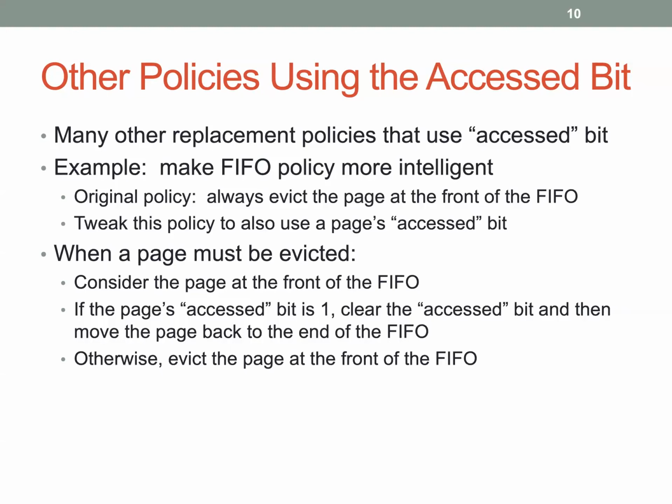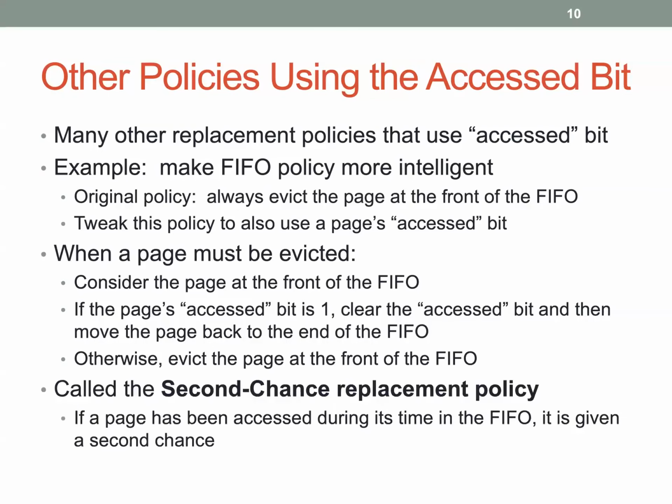So no shock, it's called second chance because of that. Because if you've been accessed, you get a second chance. You go back to the back of the line. If you haven't been accessed, you get evicted, and that's just that.